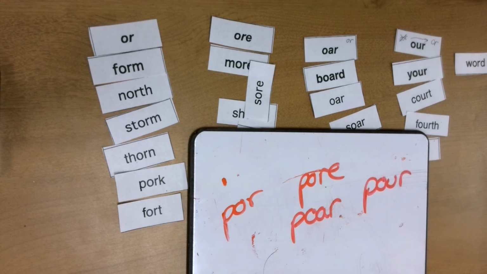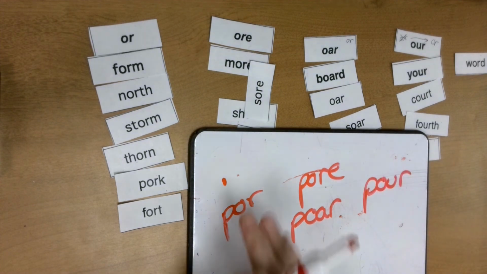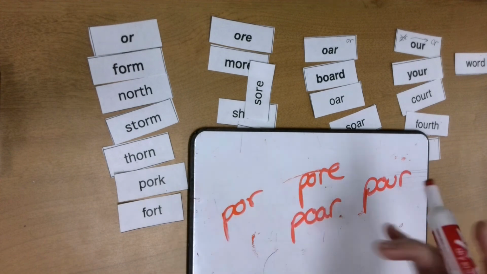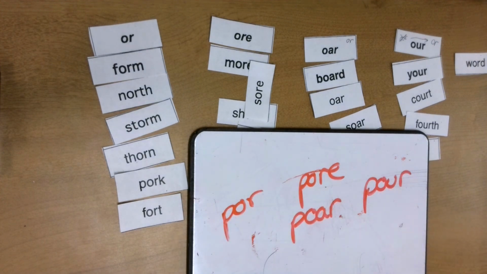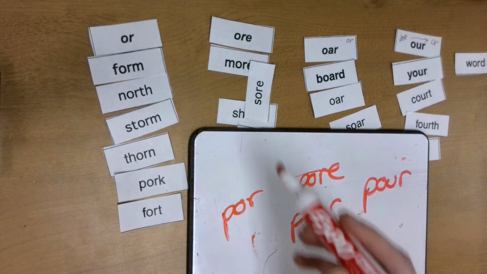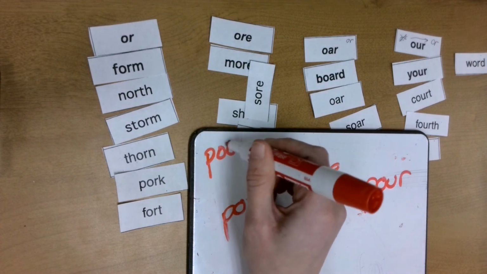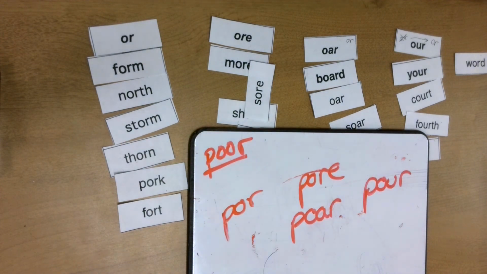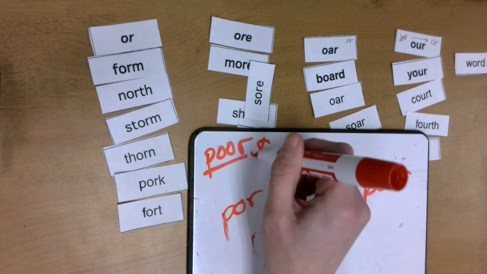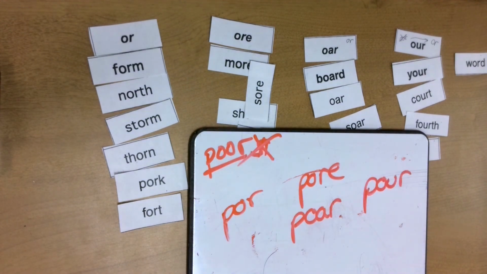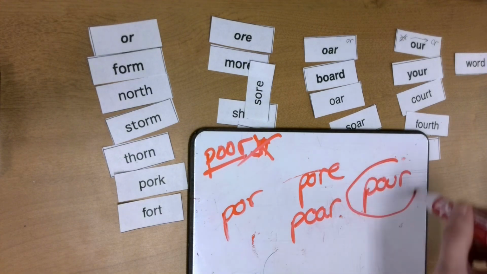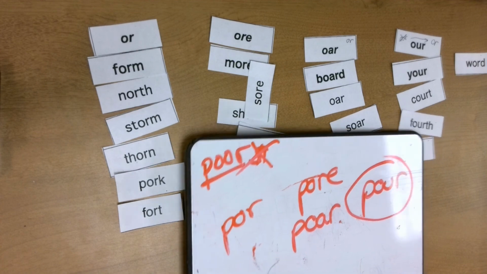Pour like this, which is going to be different than, and this is like pour, like I'm pouring water in the cup, pour, which is different than this pour. You're thinking somebody without a lot of money. Okay, another R-controlled syllable type right there. Okay, so pour. You're thinking this looks most right. You got it.